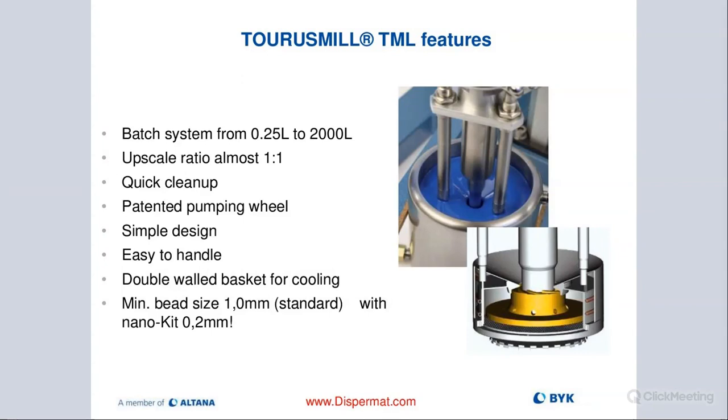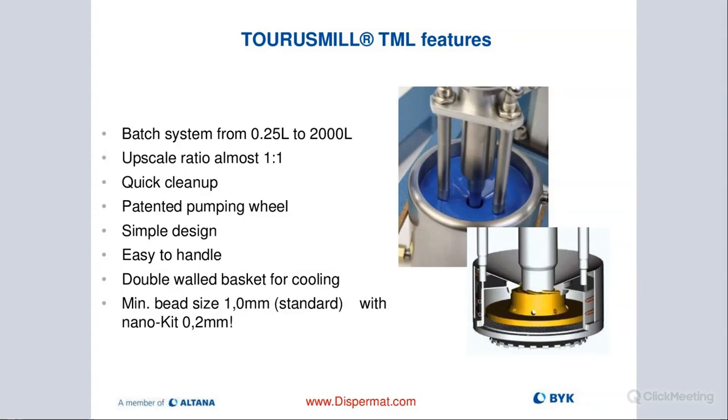So customers running different color families are just buying different baskets, and they dedicate these basket mills for the different color families, and then they just use them as they need them for running a different color. The advantage there is you're not tying down the equipment for cleaning for half a day. You're just swapping the baskets and then running it again.